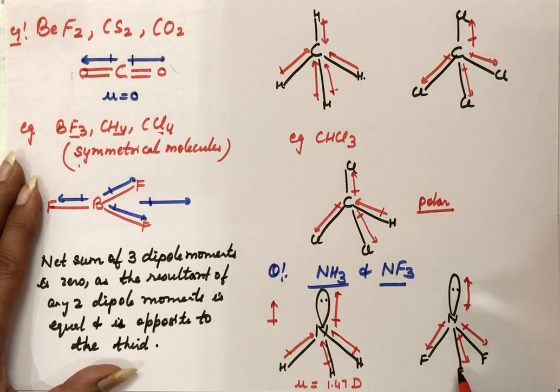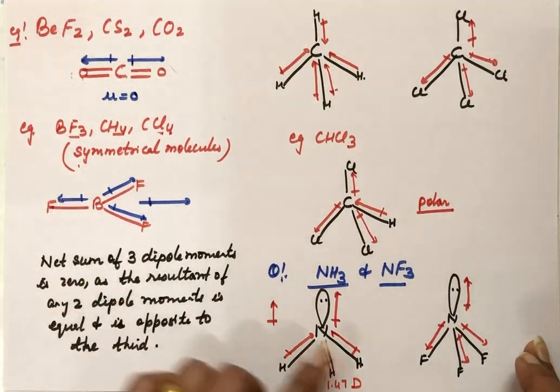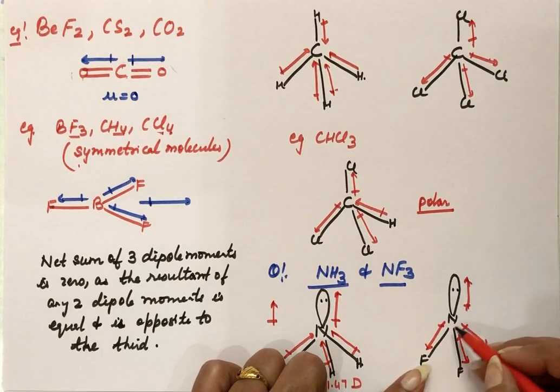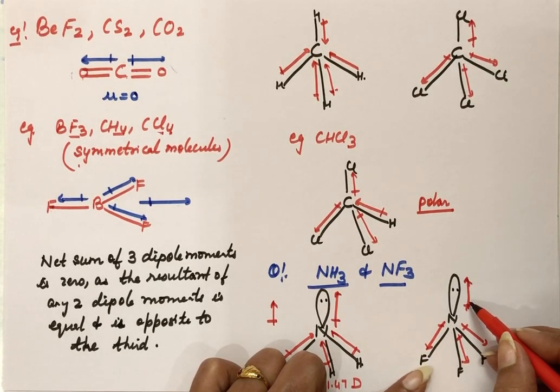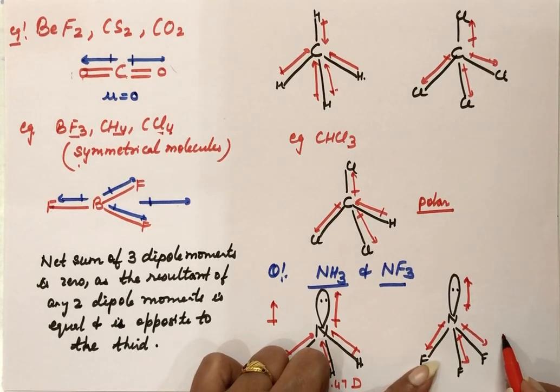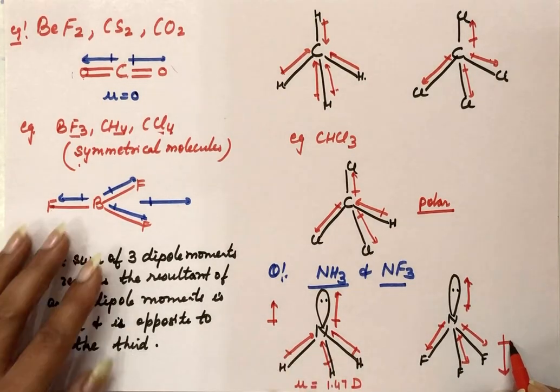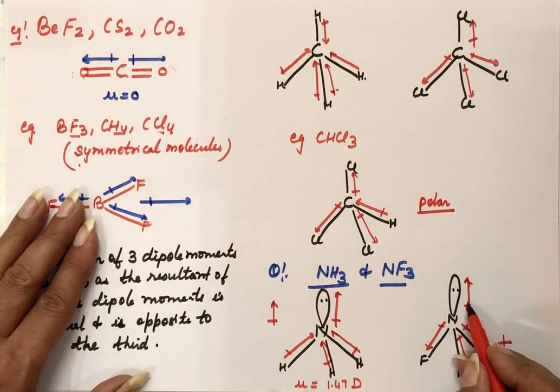Now in this case, the resultant of the three NH bonds is on this side, and the lone pair is on the opposite side. That means some of the dipole moment will be cancelled out by this lone pair.